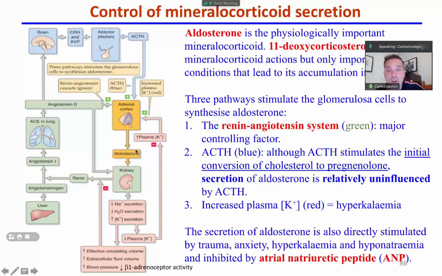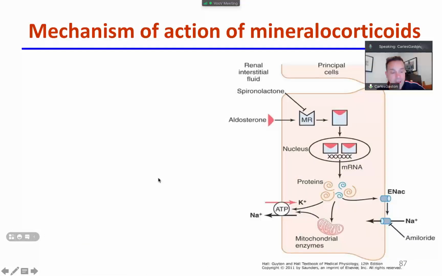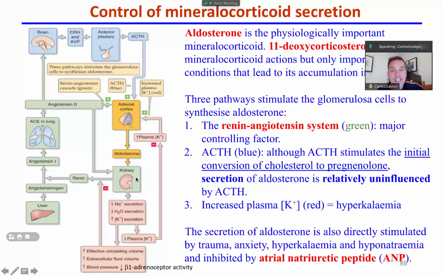is that aldosterone affects the kidney, and the kidney controls the excretion of sodium, excretion of water, and excretion of potassium, right? So basically, the molality of the blood is greatly influenced by the kidney, right? This is affected in the kidney by the angiotensin coming from the lung and angiotensinogen, which also, the renin system, comes from the liver.